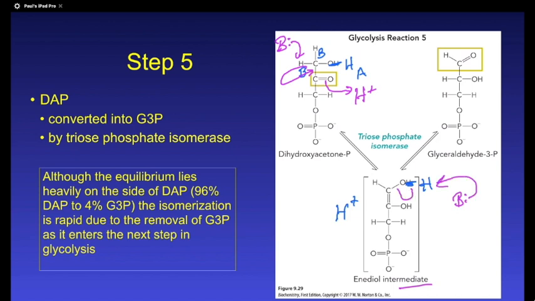I'll take this pair of electrons, form the double bond that is in the final product, and then I pick up a proton, so this proton that is here becomes this proton right here. And I'm now at glyceraldehyde 3-phosphate.